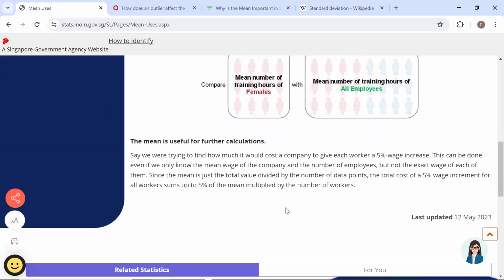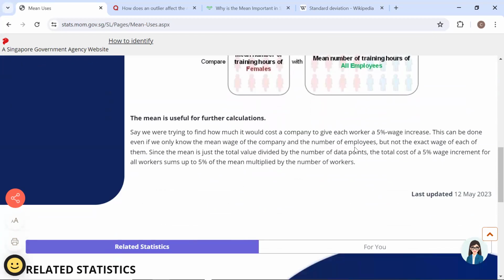Other uses for the mean would be, if they want to increase the salary of all the workers in the company by 5%.